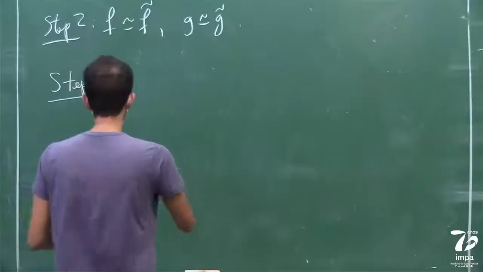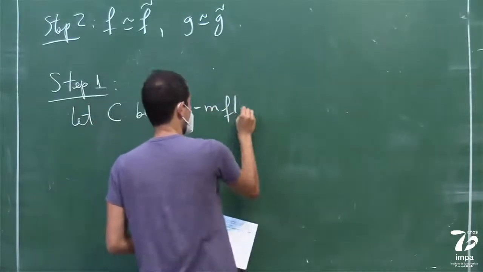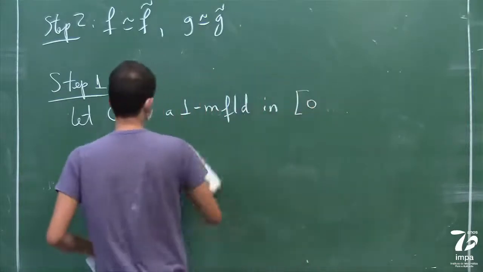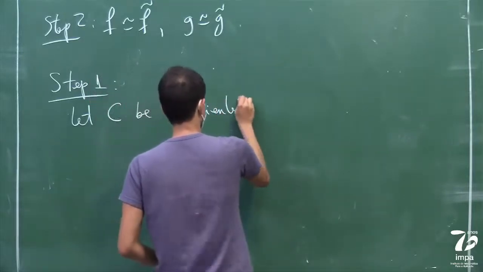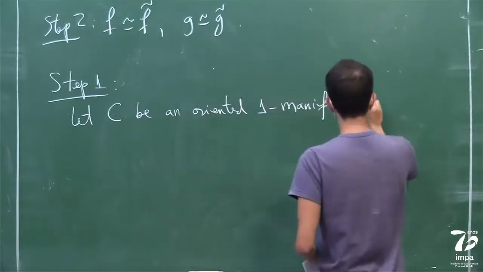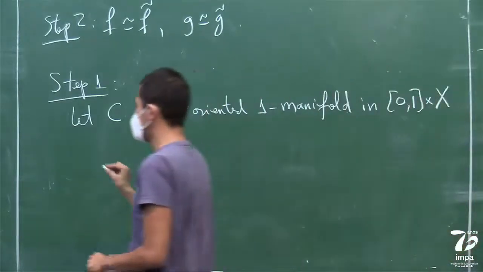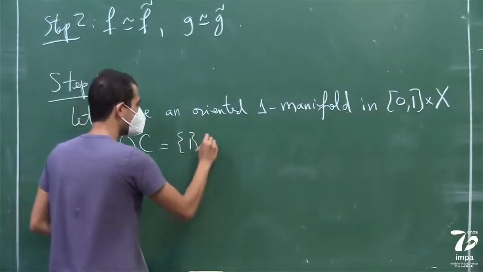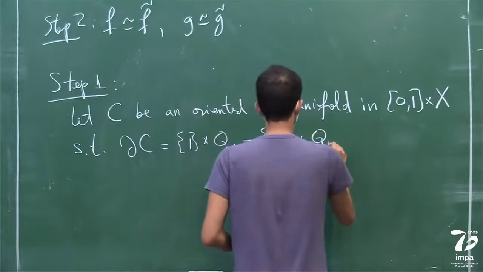So what we're going to do now is construct an oriented 1-manifold C in the product of [0,1] with X such that the boundary of C is 1 times Q1 minus 0 times Q0.